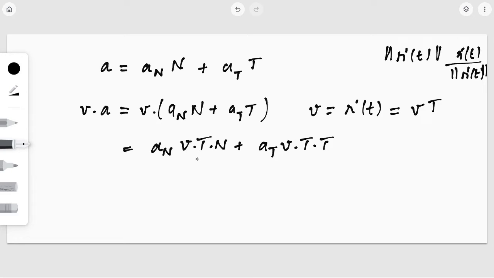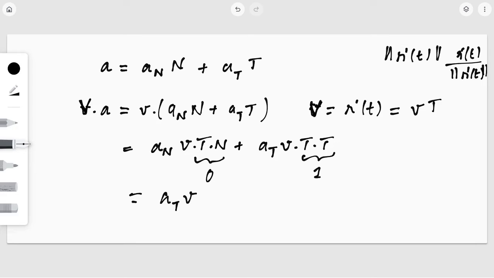So what is the value of t dot n and t dot t? t dot n, they are mutually orthogonal, so this will be equal to 0, and t dot t is 1. So in turn we have a_T into v. Okay, this is the capital V, note, I'm just making it capital V, and this was small v, which is the magnitude of r dash of t. So this is a_T into v. Now from this, what do we get?